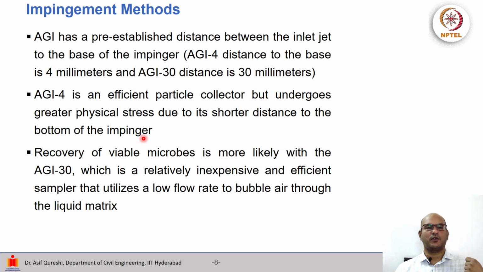So if we are passing a fast jet stream, there is a physical stress involved. The recovery of viable microbes is more likely with the AGI30, which is a relatively inexpensive and efficient sampler that utilizes a low flow rate to bubble air through the liquid matrix.